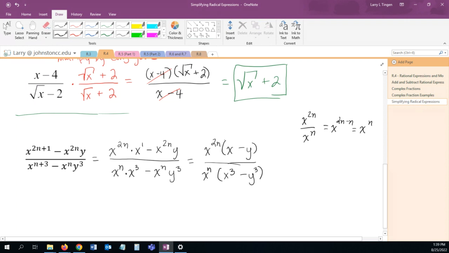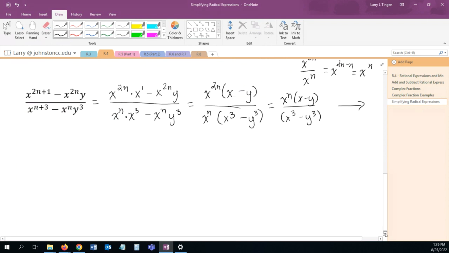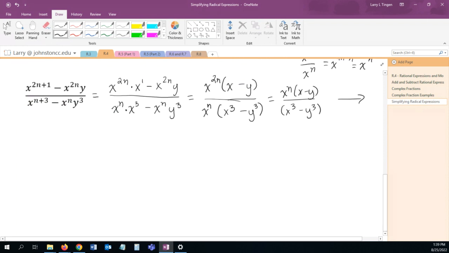So the only thing left, I can divide the top and bottom by x to the n, and now I'm looking at x to the n times x minus y over that x to the n divided away by x cubed minus y cubed.